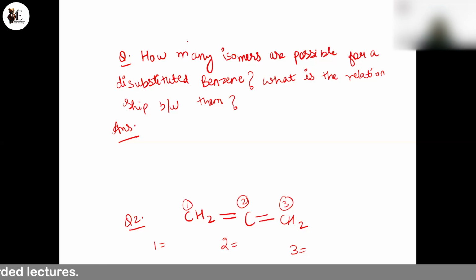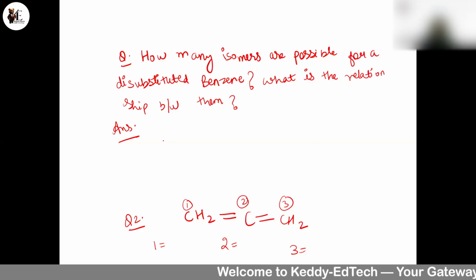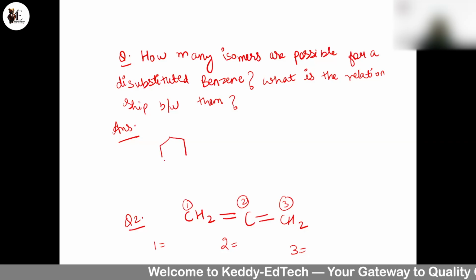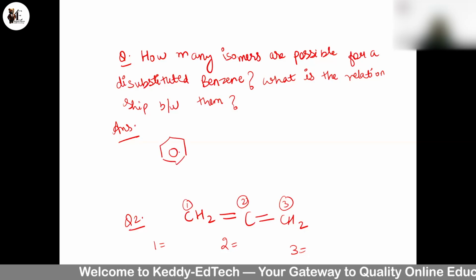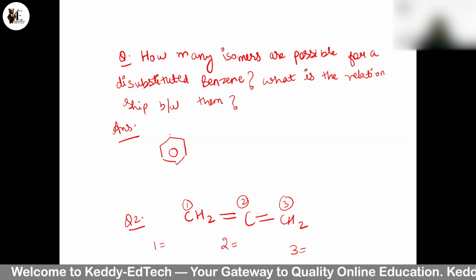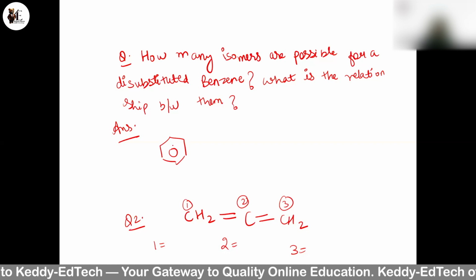So question number 1 is that how many isomers are possible for a di-substituted benzene and what is the relationship between them? So any answer, any idea? Di-substituted, that means at 2 positions it is substituted with the group.